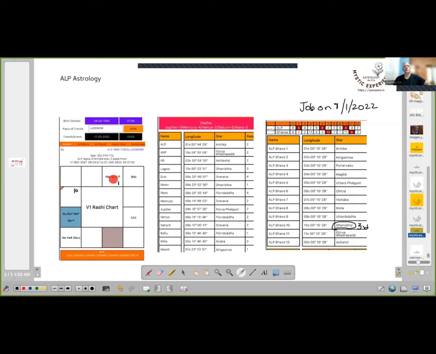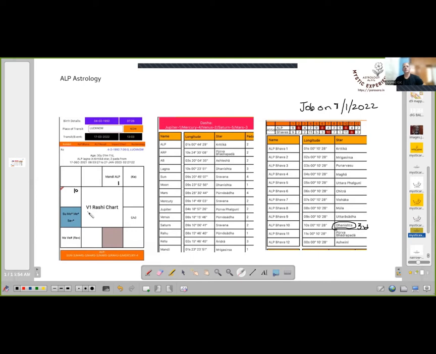From the ALP lagna, for a job we don't look into many things. We just see the 10th house first. There are no planets here, so the only option left is Shani, the owner and lord of that house. Shani happens to be sitting in the 12th, which is not good for the 10th, but it is good if you are going abroad.